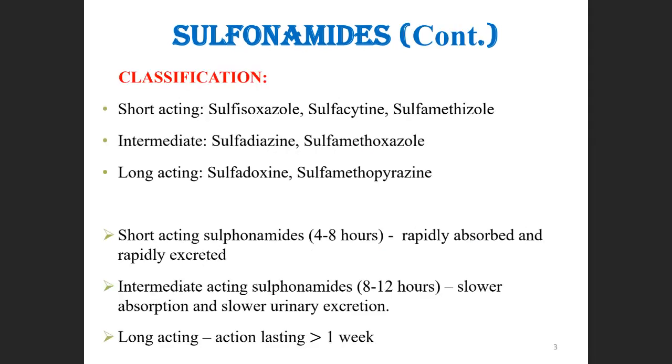Sulfonamides are classified into 3 different classes: short-acting drugs, intermediate-acting drugs, and long-acting drugs. How do we classify between short, intermediate, and long acting? The drugs which act for 4 to 8 hours are short-acting drugs, and have to be given to the patient 3 to 4 times a day.